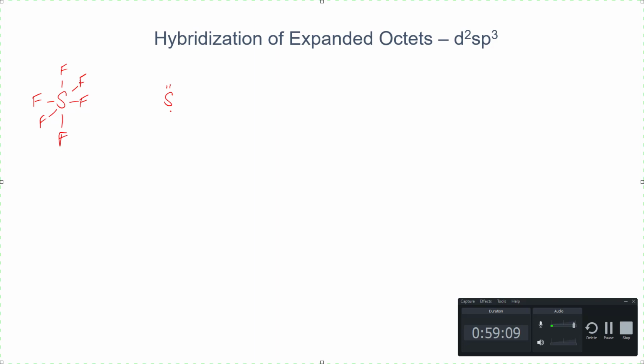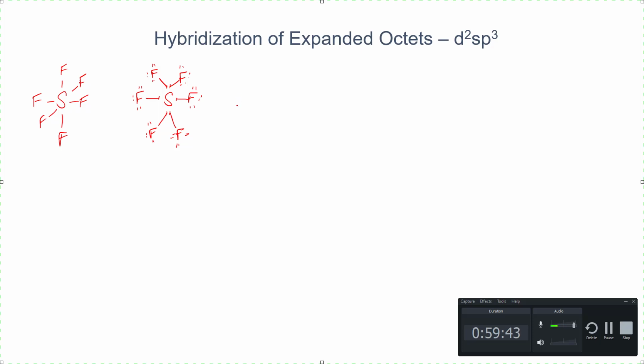I started with this Lewis dot structure. And so there's my 6 fluorines attached to the sulfur.